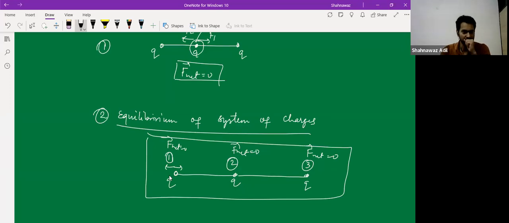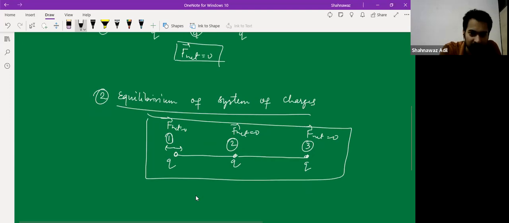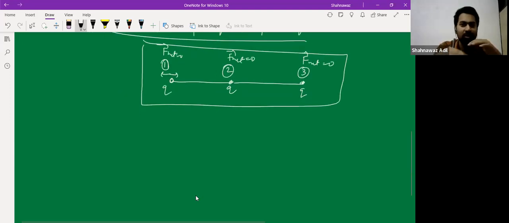Okay. So in Coulomb's law, there are some combinations. Coulomb's law is combined with equilibrium. And then there are some other forces, let's say tensions, or if you join two charges between two springs, then you have restoring forces.